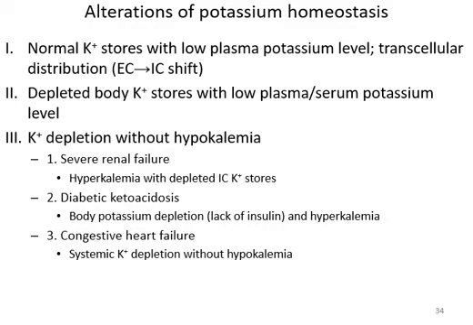In the second one, you can see indeed depletion of potassium, and it is accompanied by a commensurate decrease in serum potassium level. And the third one is one in which there is a massive potassium depletion, but it is masked by transcellular shift, and it cannot be detected in the form of hypokalemia.